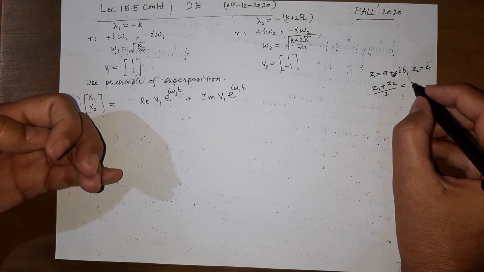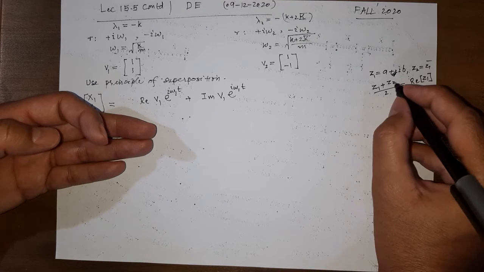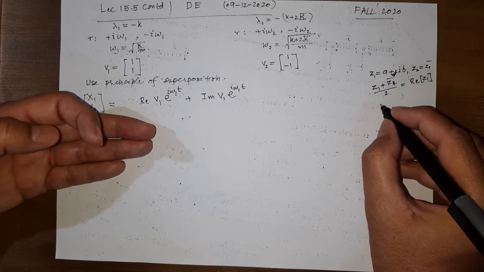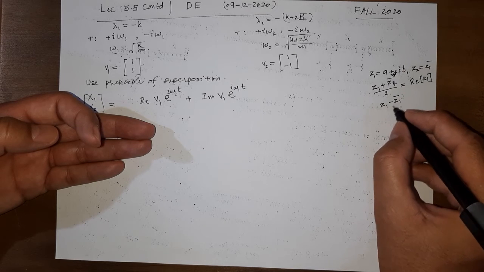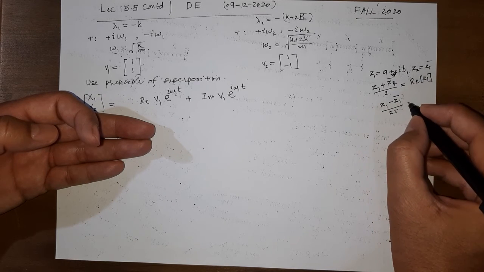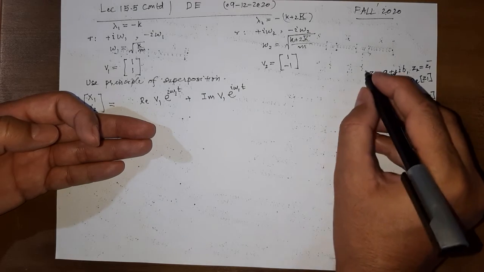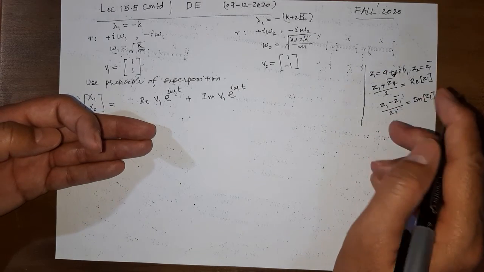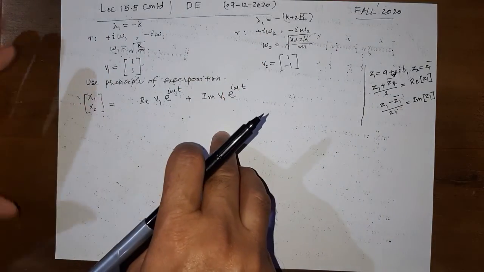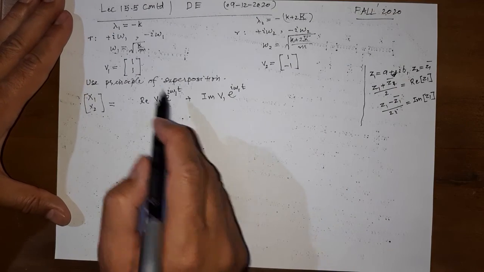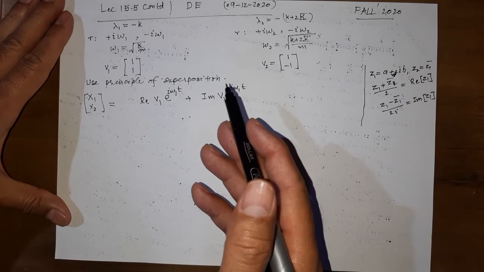This is going to give us the real value of z1, and when both of them are subtracted from one another and divided by 2 iota, this is going to give us the imaginary value of the complex number. This is only true when we are dealing with complex conjugate values.